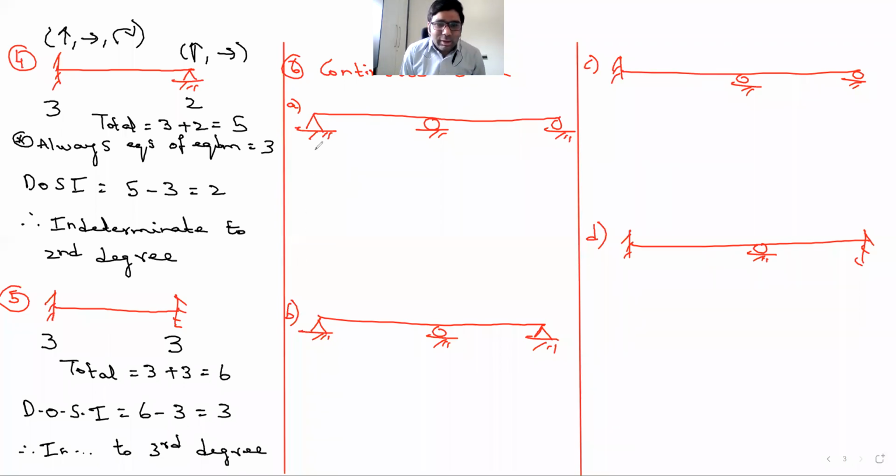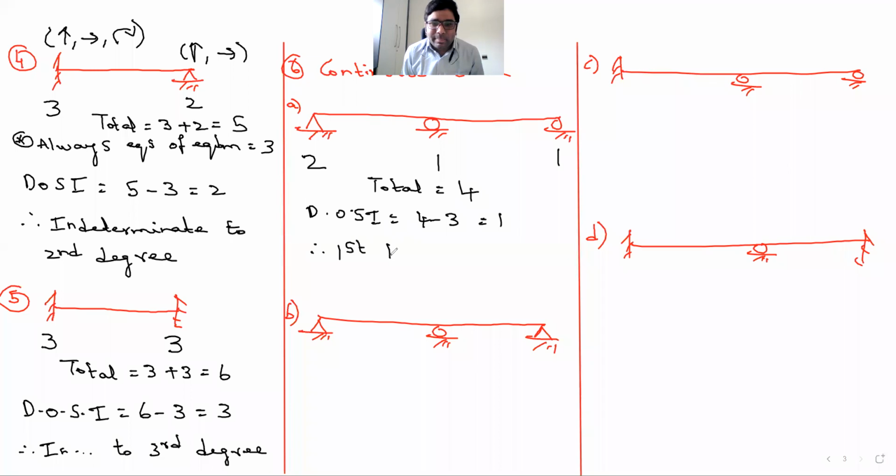Good. So here we have 2 reactions, here 1 reaction, here 1 reaction. So total is equal to 4, and degree of static indeterminacy is equal to 4 minus 3, that is equal to 1. Fantastic. Therefore, indeterminate to first degree.